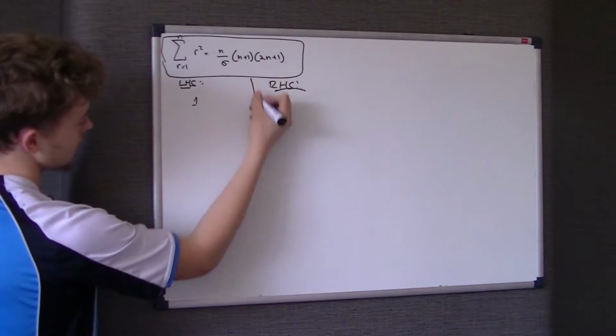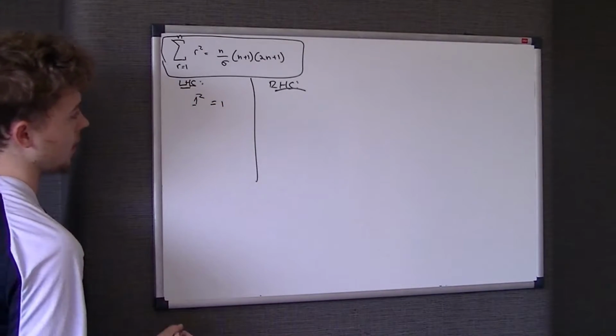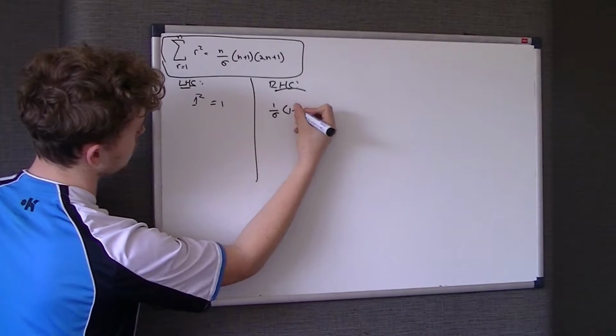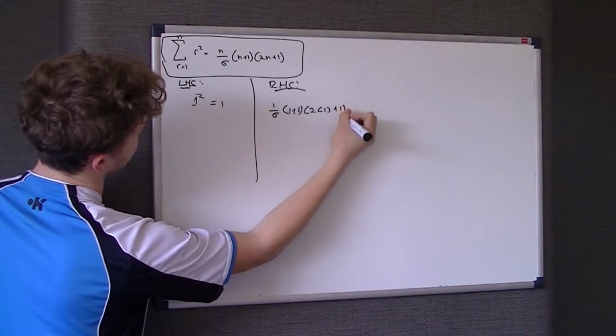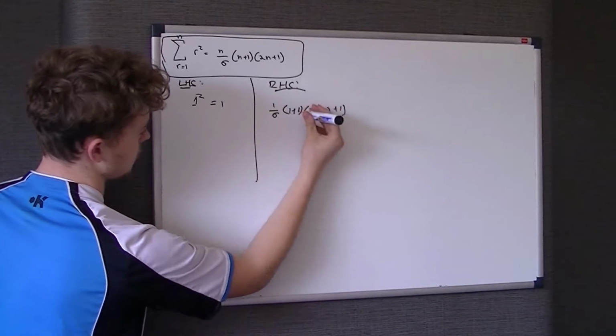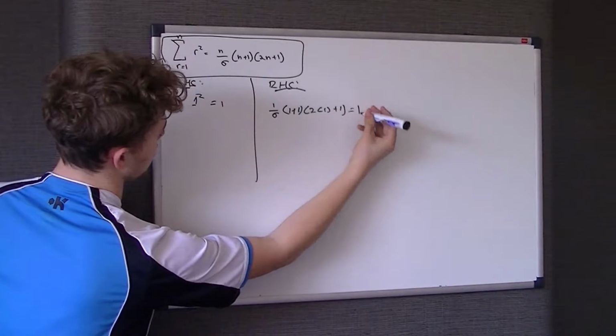The sum of 1 squared is 1. Then you put 1 into n, so it's a 6th times 1 plus 1 times 2 times 1 plus 1, which is 1/6 times 2 times 3, which is also equal to 1.